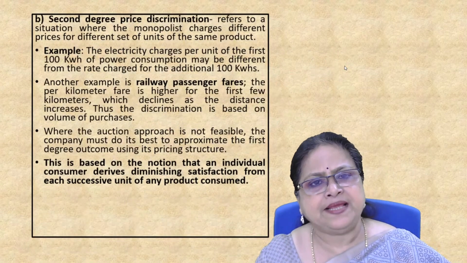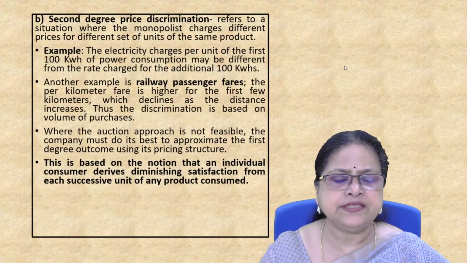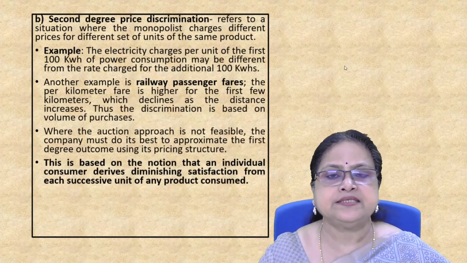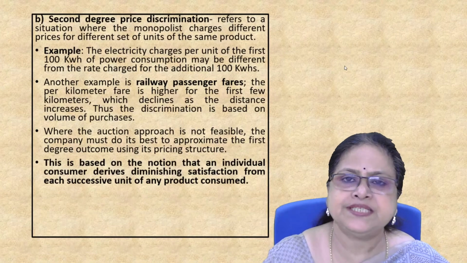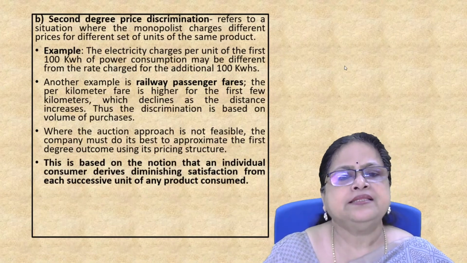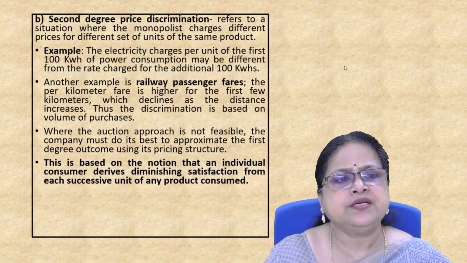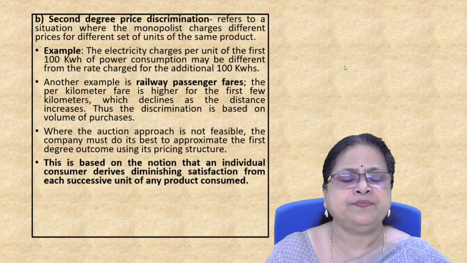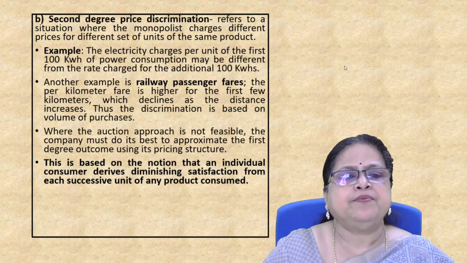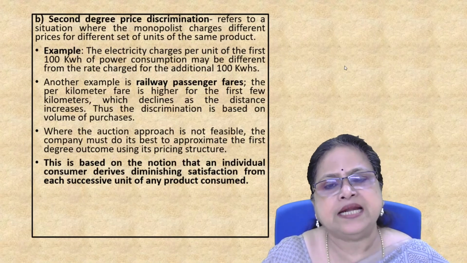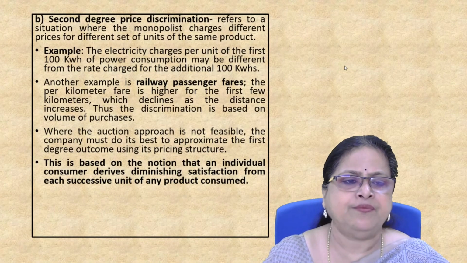Now, second degree price discrimination refers to a situation where the monopolist charges different prices for different sets of units of the same product. For example, the electricity charge per unit for the first 100 kilowatt hours of power consumption may be different from the rate charged for the additional 100 kilowatt hours.